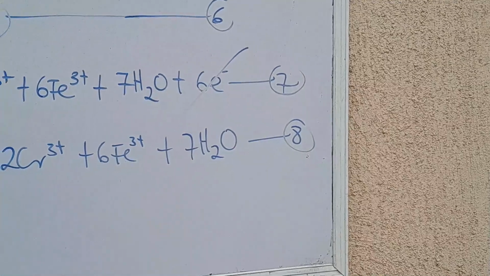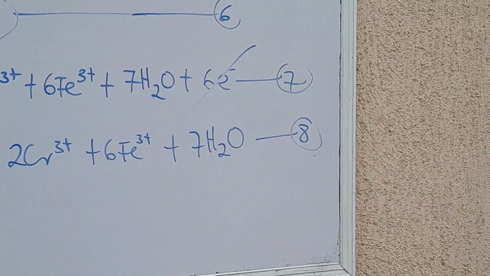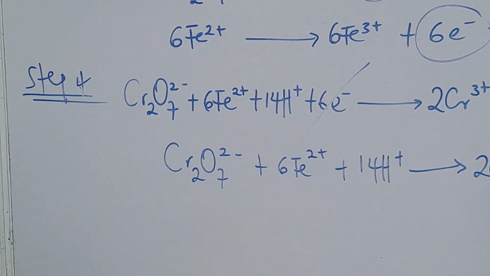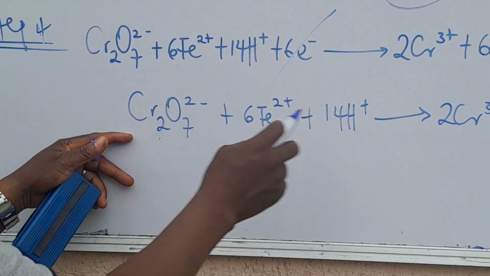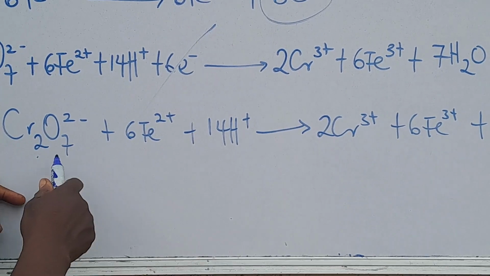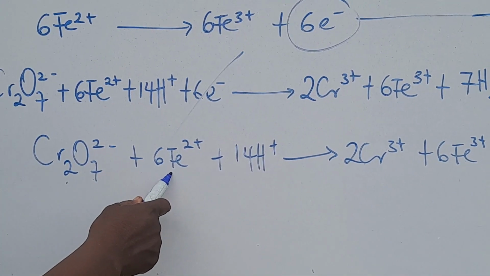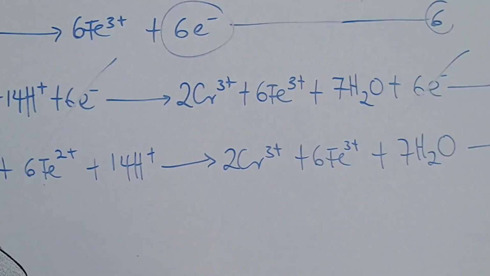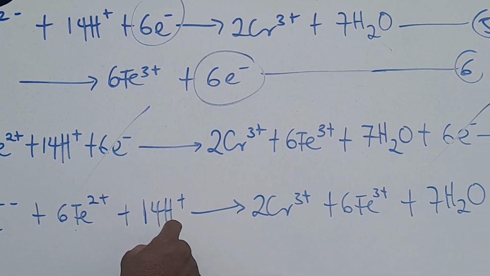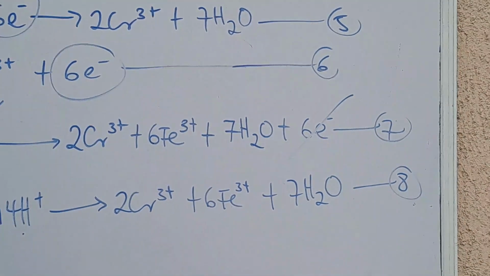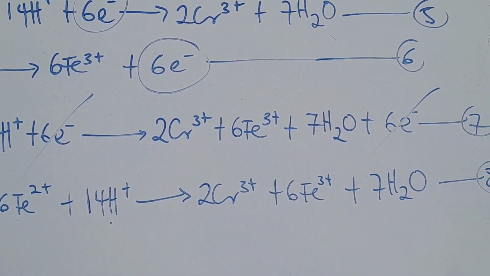So let's confirm whether we have successfully balanced this reaction or not. Chromium 2, great. Oxygen 7, great. Fe 6, great. Then hydrogen 14, 7 times 2, 14. Atomically, this equation is balanced.